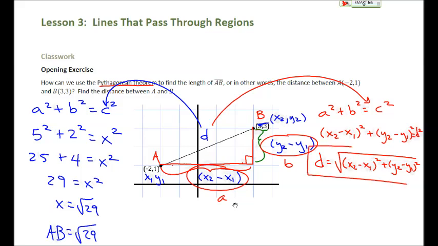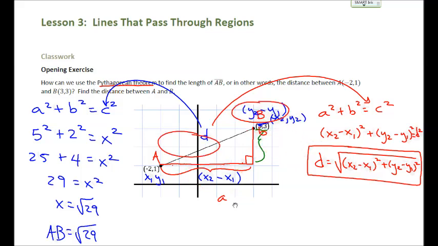Now this is the distance formula, and it comes directly from the Pythagorean Theorem. Now to show you how the distance formula works, let's use the distance formula on a new problem.